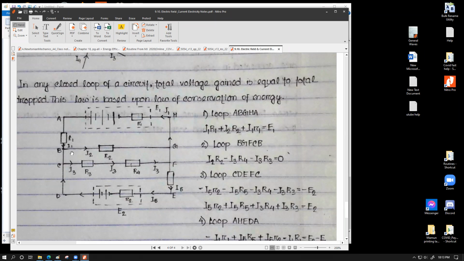Even if this branch was aimed to give a downward current and then right and upwards, even for that circuit we would have to write -E2, because the battery would try to produce current in the opposite direction of CDEFC. The battery would try to produce the current in the CFEDC orientation.